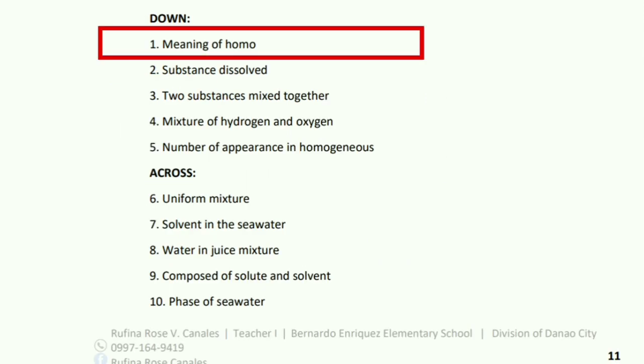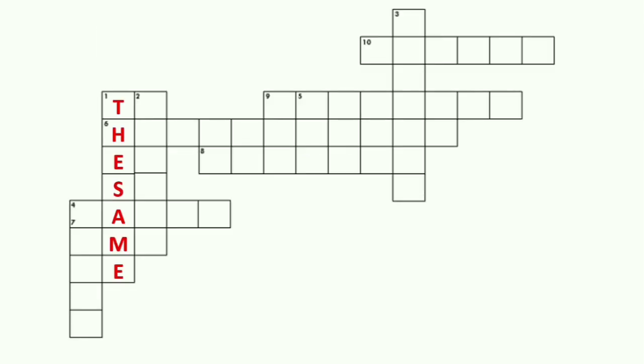For example, in number 1, it's asking for the meaning of homo. Let's say the answer is the same. You will write the letters of the word the same in the down boxes. Write 1 letter per box like this one. Do the same to the other items.